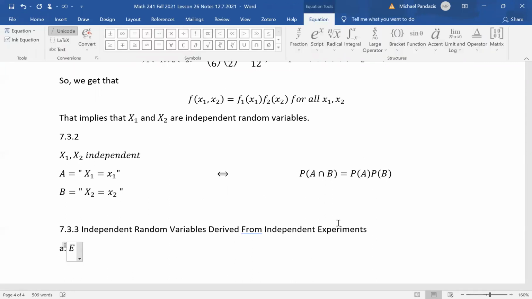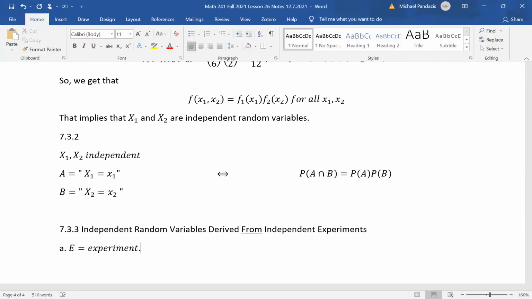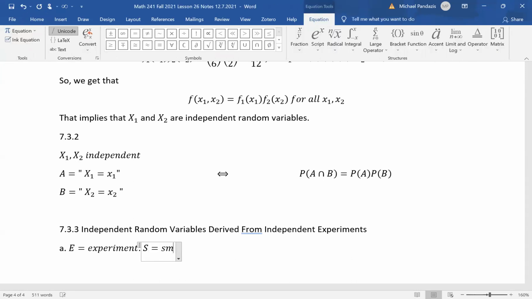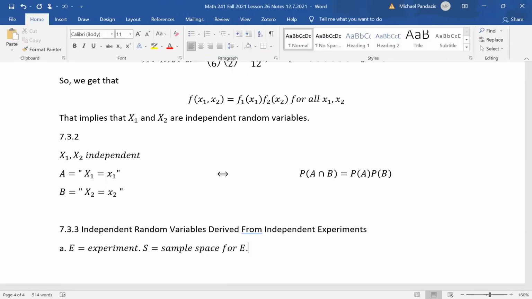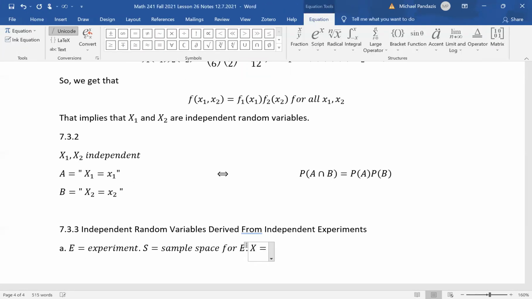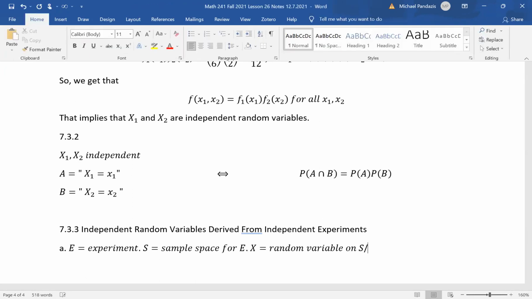Part A: let capital E equal an experiment, and capital S equal the sample space for that experiment E. Let capital X be a random variable on sample space capital S. E is repeated n times under identical conditions.